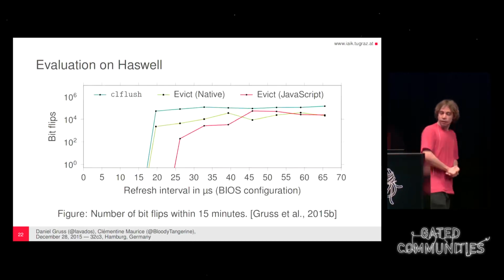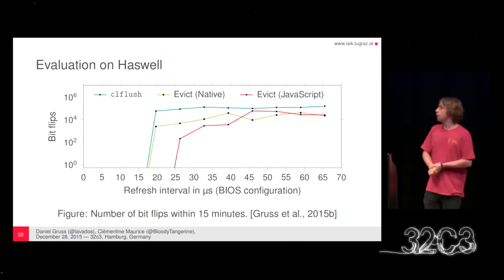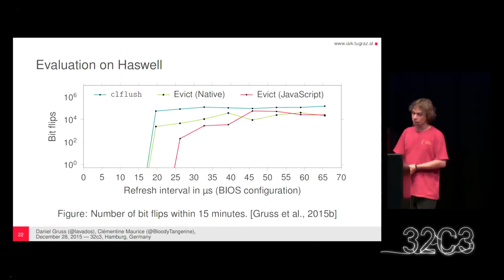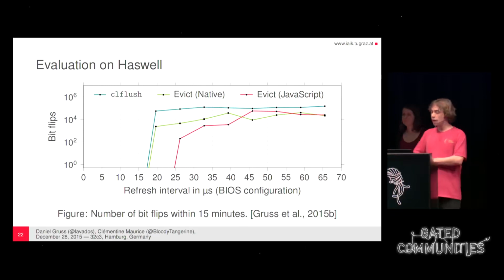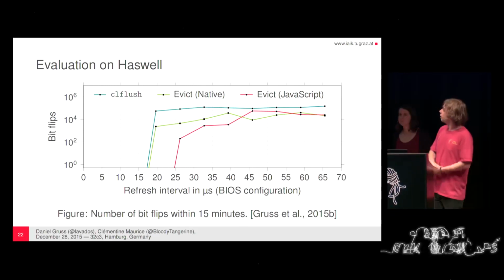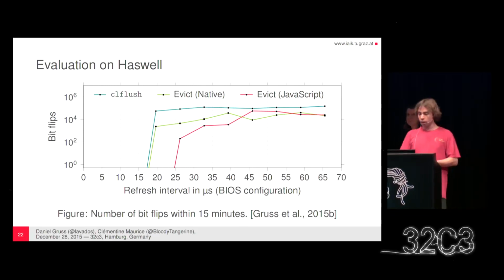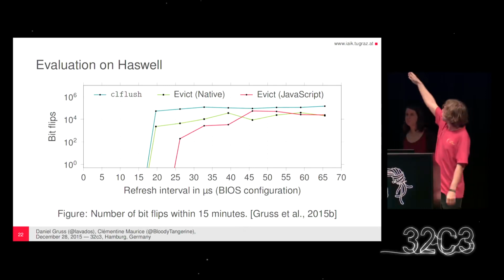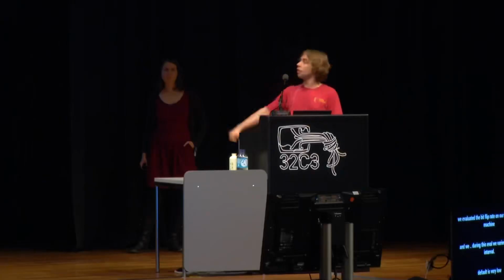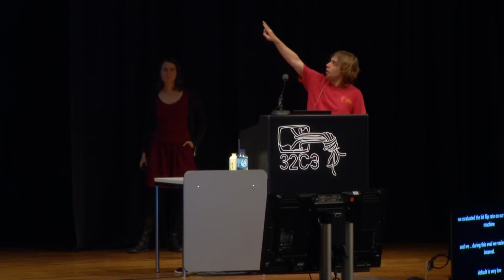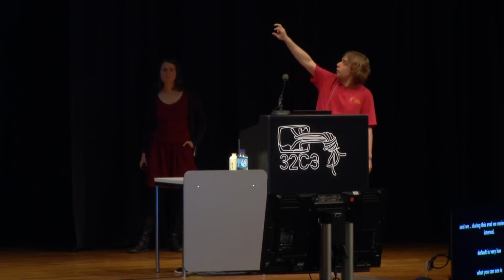We evaluated the bit flip rate on our Haswell test machine, and during this evaluation, we varied the refresh interval in the BIOS. The default is very low, and the 75-something is the maximum refresh interval we could set. What you can see is that there is some point where the bit flips start to occur.